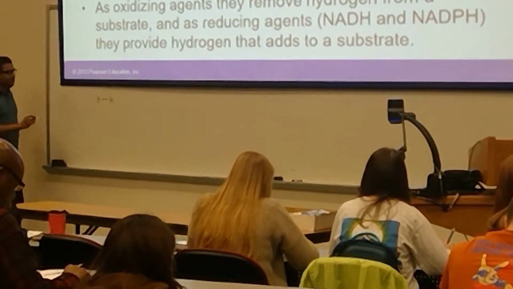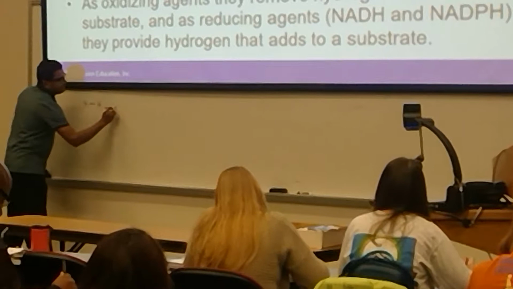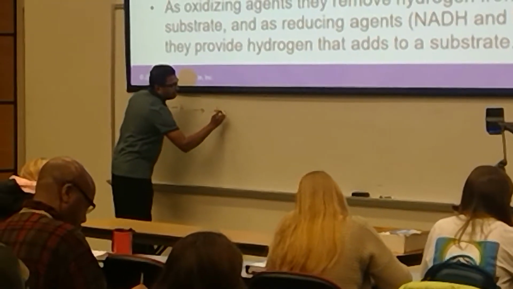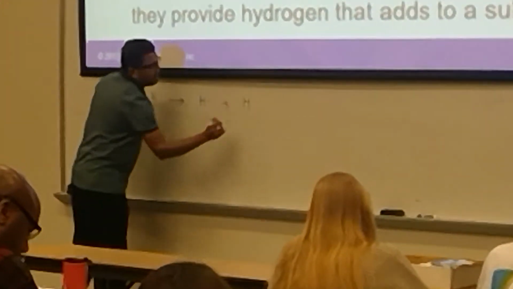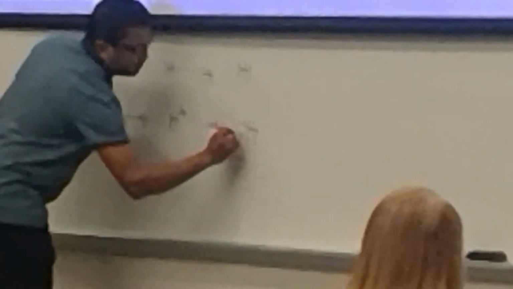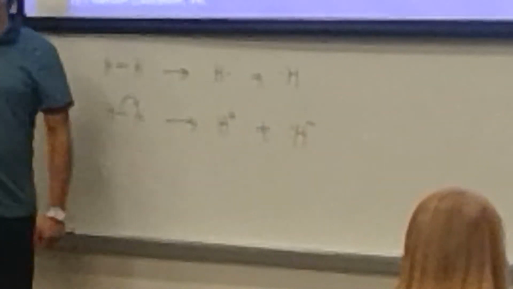So can we say that if the hydrogen molecule breaks in an equal way, every hydrogen atom contains 1 electron? It can also break this way, so both electrons go to one hydrogen, giving H plus, and 2 electrons on this hydrogen with the negative sign there.